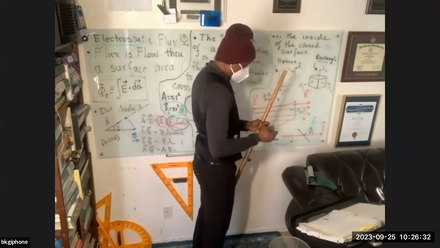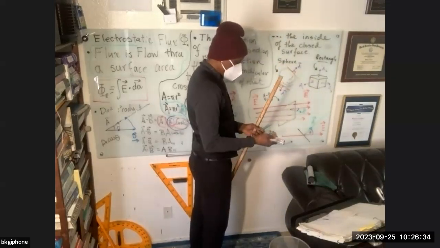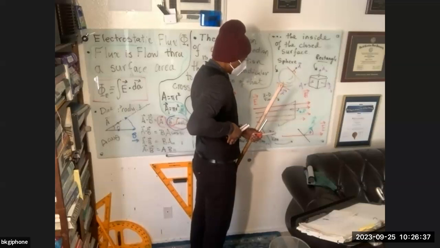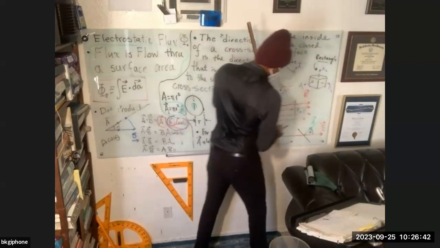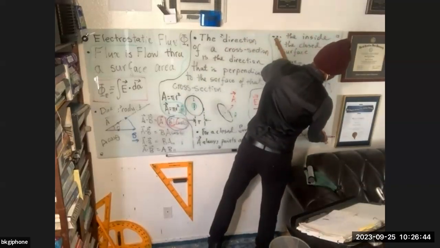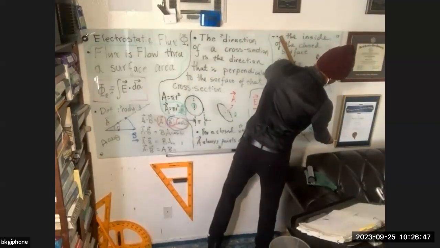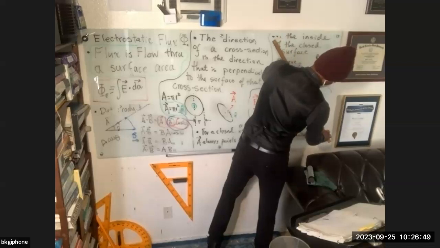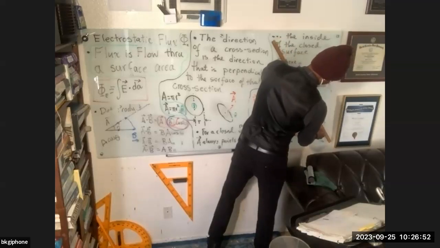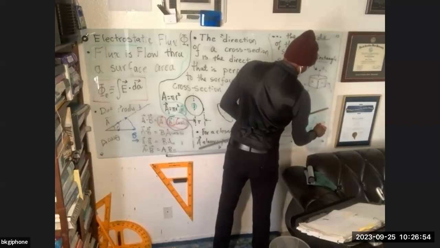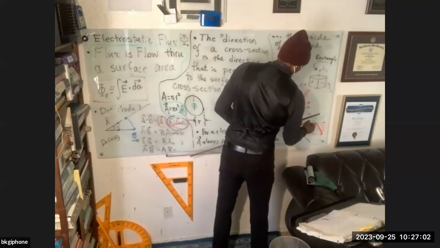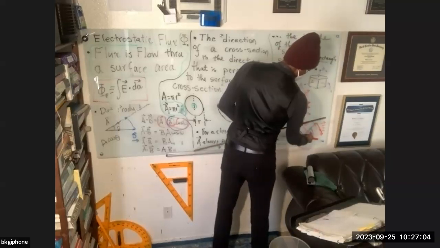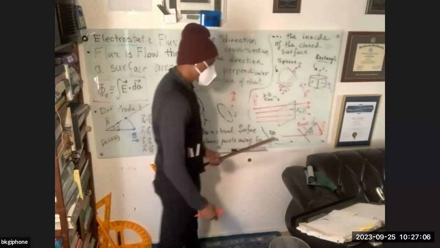Then basically what I'm doing is finding the part of the electric field that is parallel to A. I'm dropping this perpendicular back like this. That part right there is going to be E cos theta, and it's parallel to A. You can clearly see it.